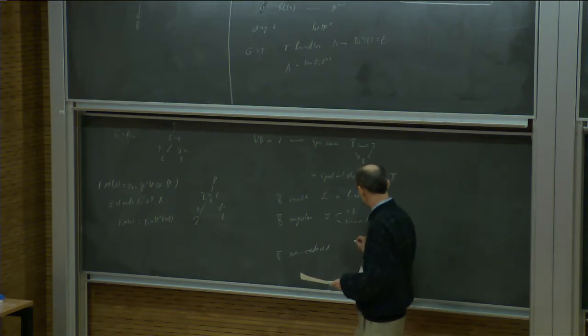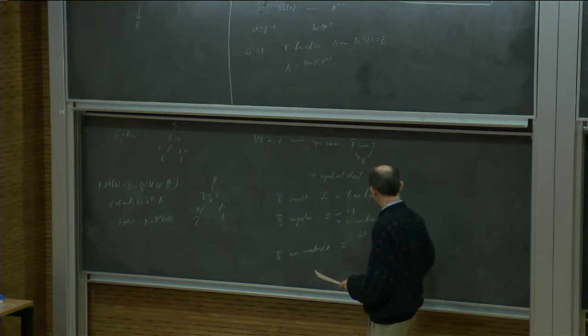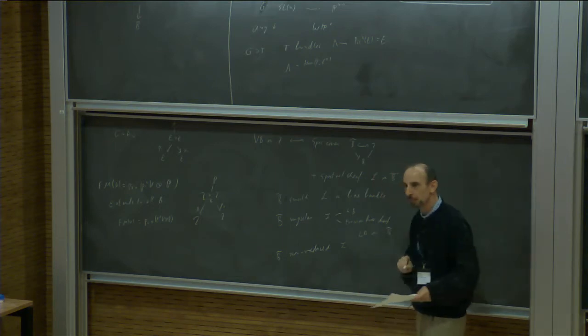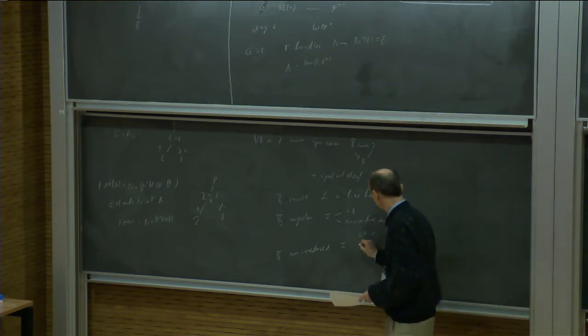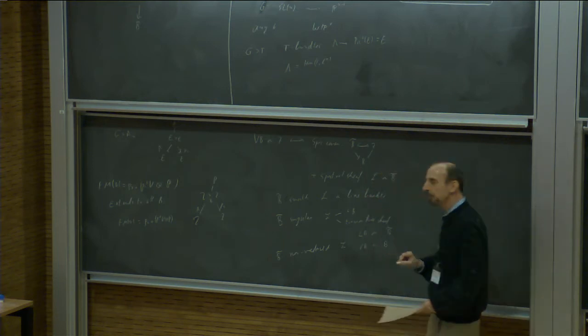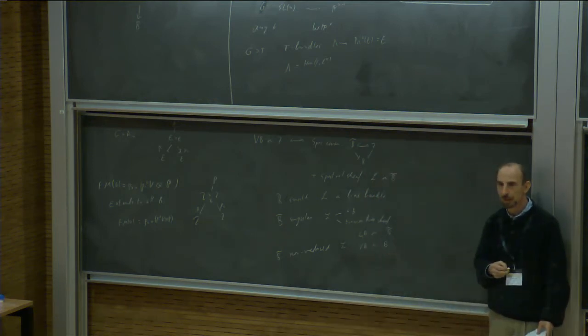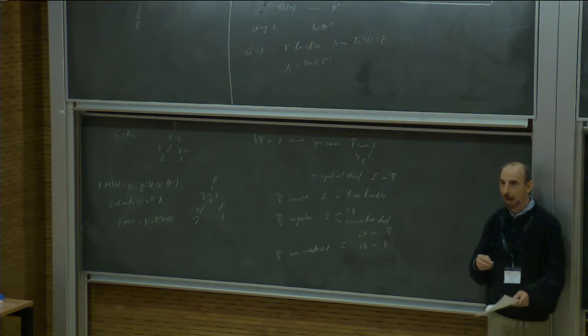It still could be a line bundle on B tilde, but it could also be a vector bundle on B. And this is something that is easier for mathematicians to deal with than for physicists.